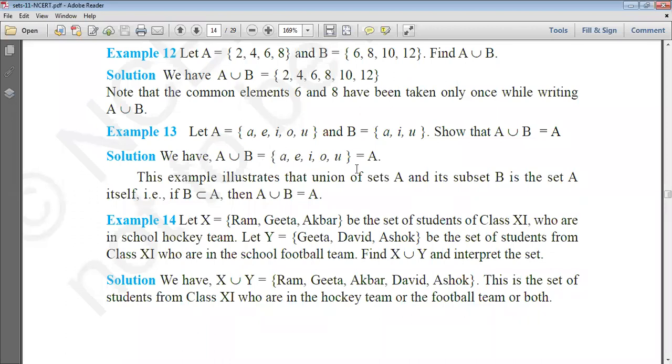All the elements of B here actually are there in the set A, so it is no problem. Our target is to collect all the elements. No single element should be missed in this collection. We just need to collect all the elements of A as well as B.